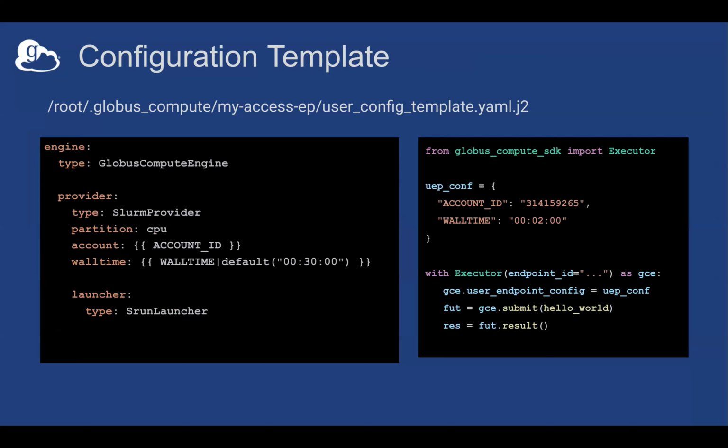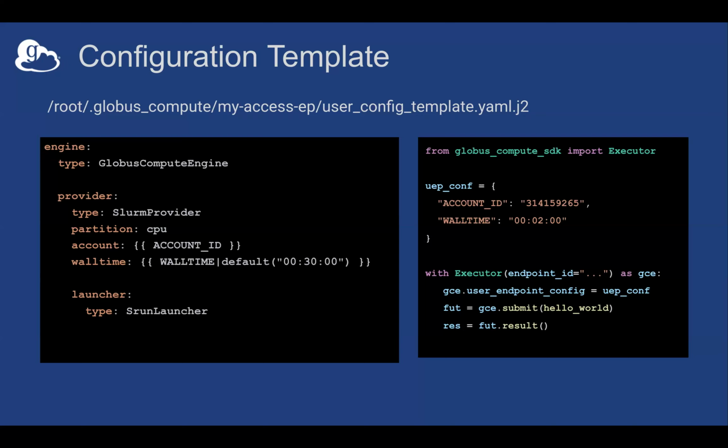And the two variables that can be set are the account ID and the wall time, based on the double brackets there. This is Jinja syntax. The wall time has a default, does not need to be specified, but can be. The account ID must be specified or will be empty or won't work with the Slurm provider. So when rendering this template, the template will look for those two variables.